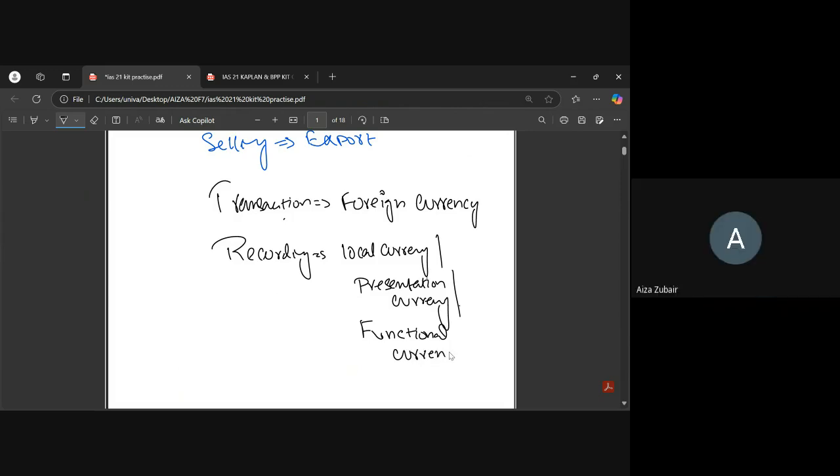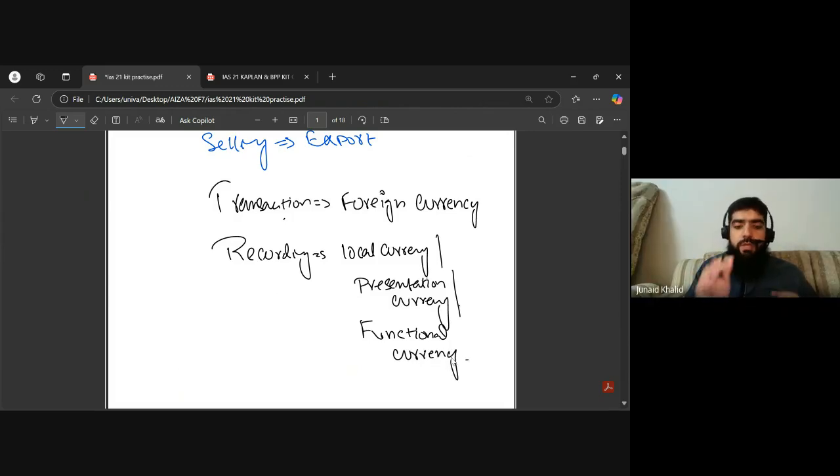Yes. So we are making a transaction in the foreign currency, but if we are recording the transaction, we need to record it in our local currency. In technical terms, we call it the presentation currency, and as per IAS 21 we call it the functional currency. So we will be recording the transactions in the functional currency, that is the local currency.